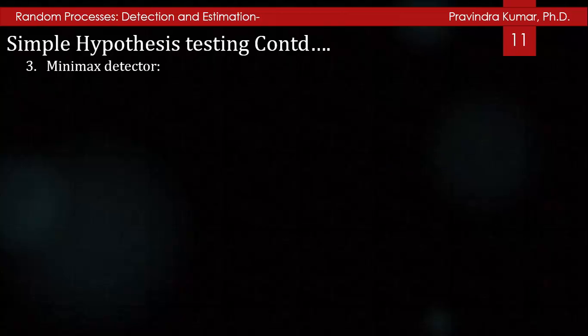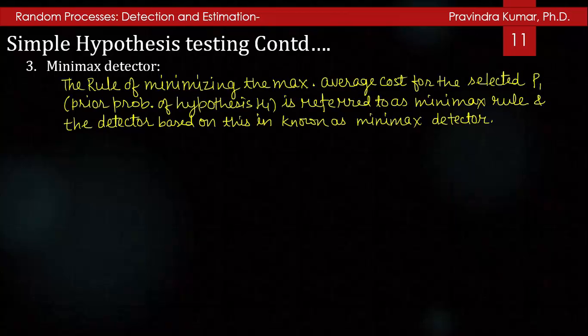Now the Minimax detector. The Bayes rule assigns cost to the decisions and needs knowledge of the prior probabilities. In a situation when we do not have enough information about the prior probabilities, the Bayesian decision rule cannot be used.